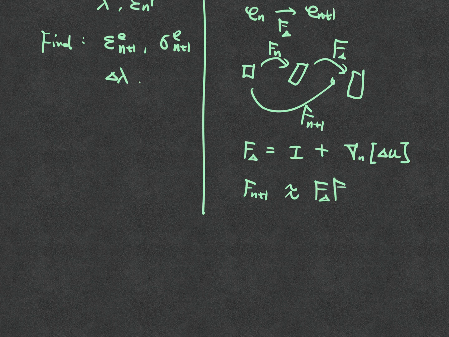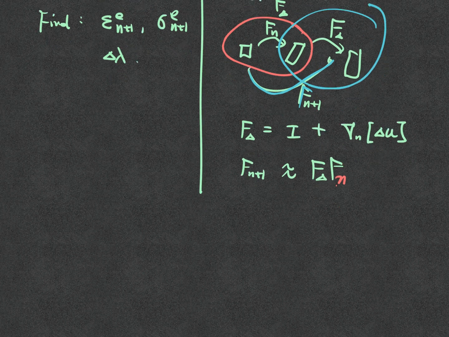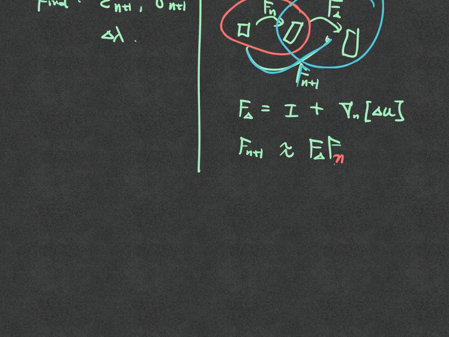Do you know why F n is on the right-hand side? It's the same thing: I apply F n first, so I first go to here. That gives you the F n portion, and then secondly I apply this, and this whole thing gives me F n plus 1. Now after that, what should I do?